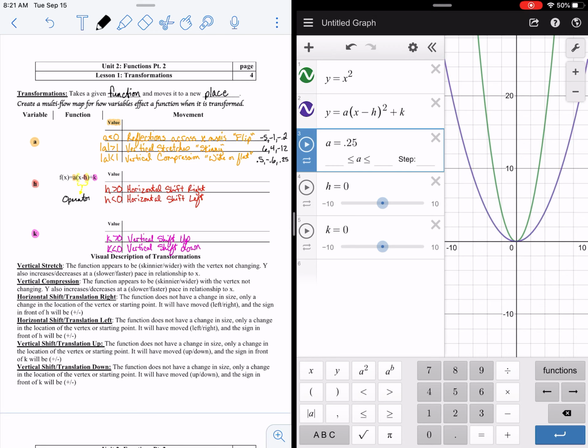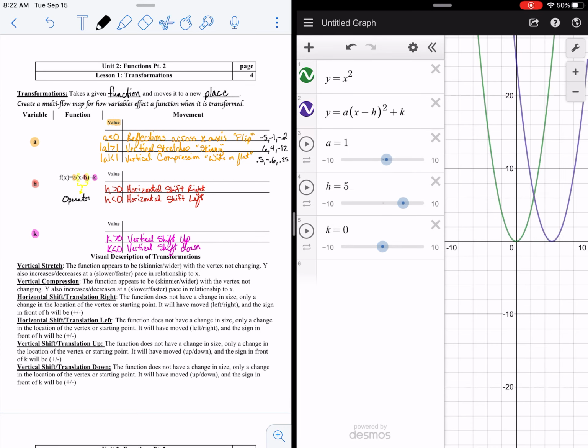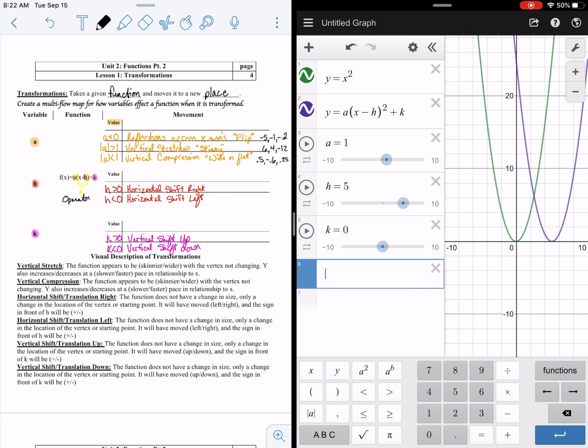Really quick, I want to talk about the horizontal shifts. Now, if you notice here, h is positive 5. So when I plug positive 5 into a(x minus h) squared, it would be y equals a(x minus, and then h is equal to positive 5) plus k.